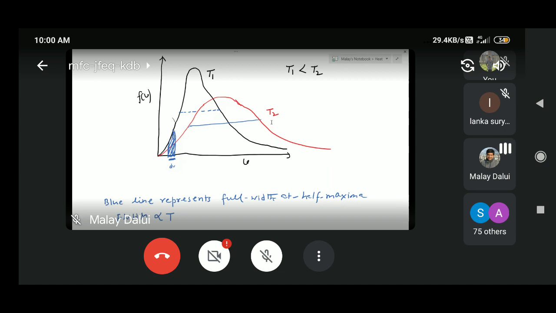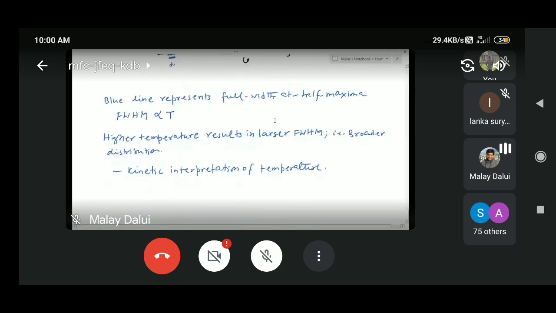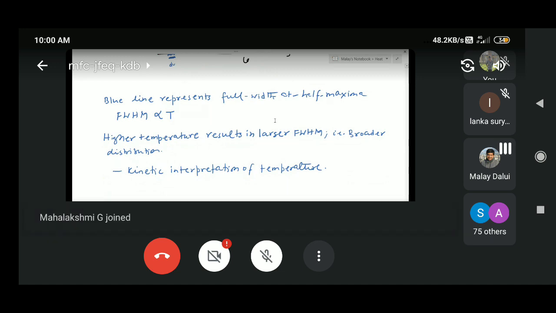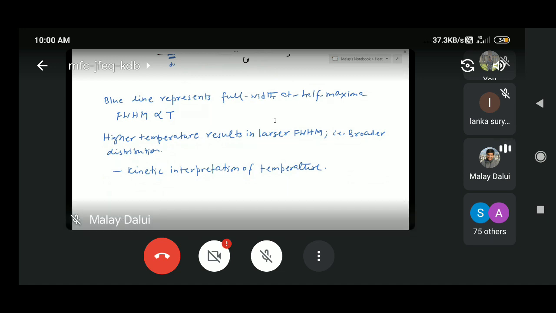Suppose you have a distribution where all the molecules, say 100 molecules, are going at exactly 500 meters per second, at the same speed. There the distribution will look like a delta function, right? You don't have any width, and that distribution will yield a temperature of 0, because there is no relative motion as such. And if you have a very big range or big width, that means it is at a higher temperature.